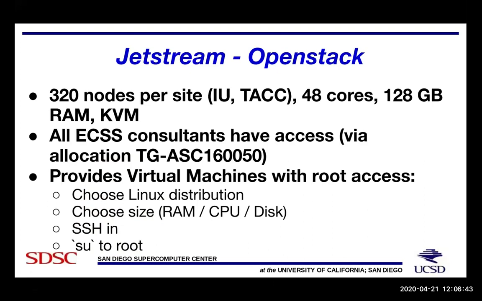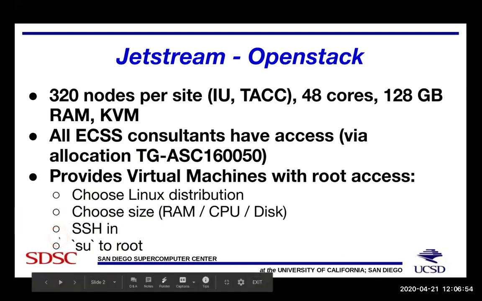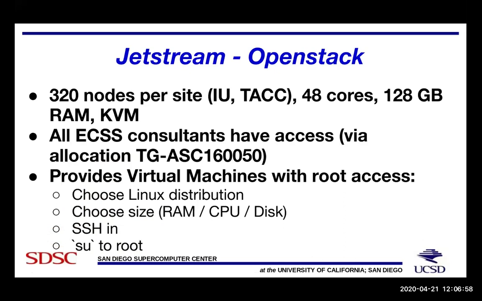You can choose the size between a tiny machine that has only 1 CPU and an extra large machine that is basically a full node. Then the OpenStack software creates this virtual machine and gives you root access, so you can do anything you want on that machine, and you decide when you want to stop.